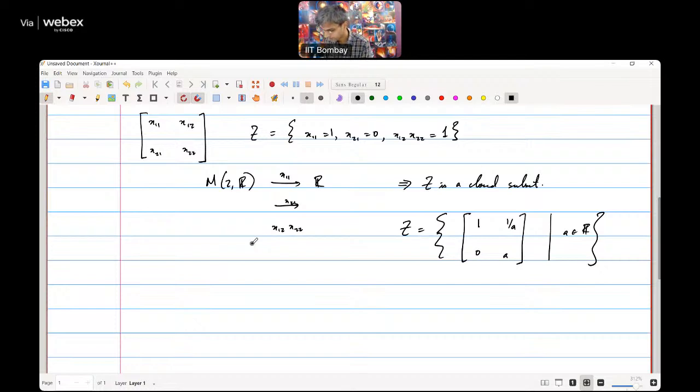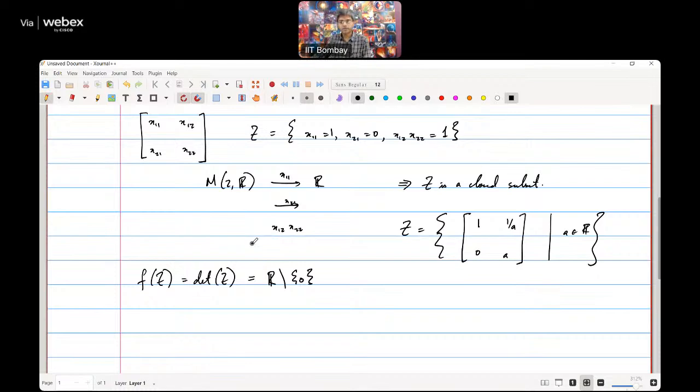And when we look at F of Z, the image of Z under the determinant map, this is exactly R minus 0, right?